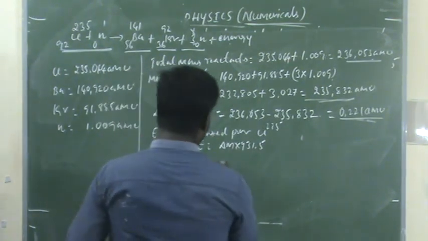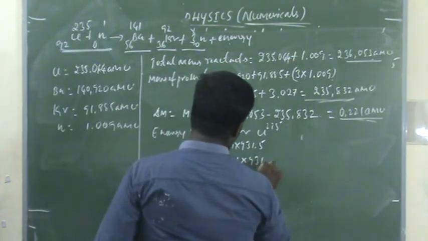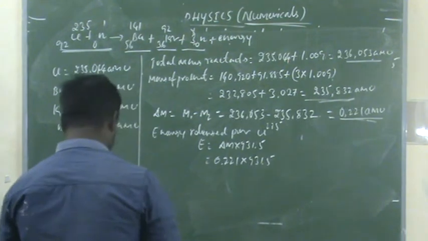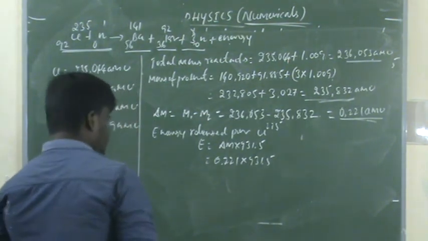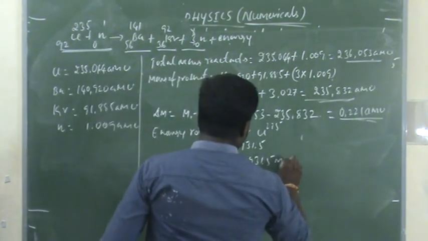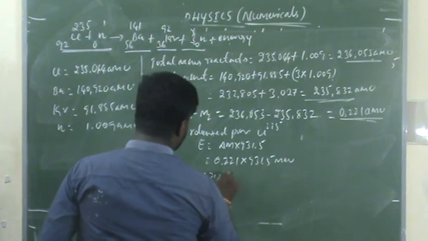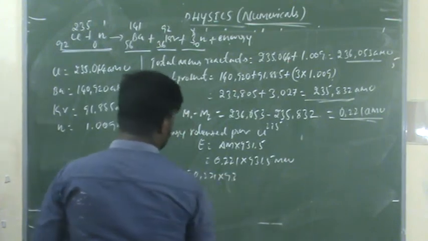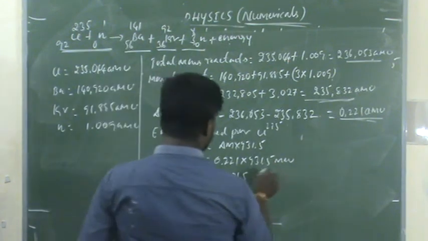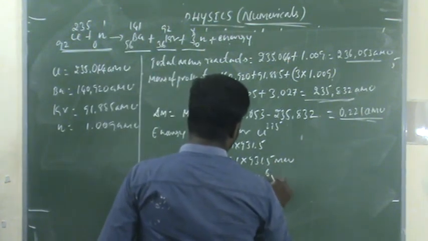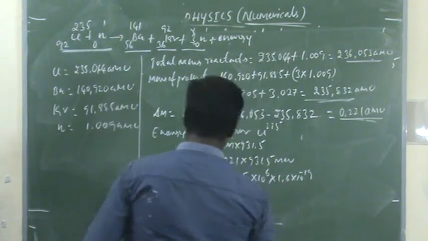So that equals 0.221 into 931.5 mega electron volts. Mega means 10 to the power of 6, and electron volt is 1.6 into 10 to the power of minus 19.